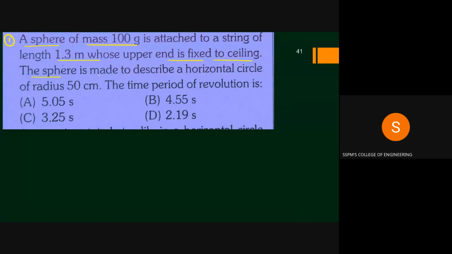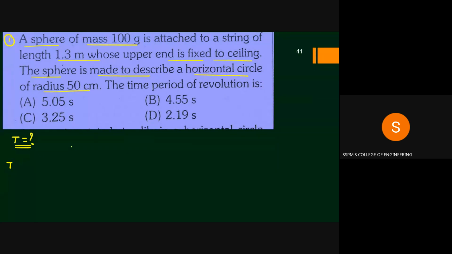The sphere is made to describe a horizontal circle of radius 50 centimeter. What is the time period of revolution? Basically the question is to find the time period. There is no statement saying this problem is for the conical pendulum, so we need to identify how the bob is revolving.